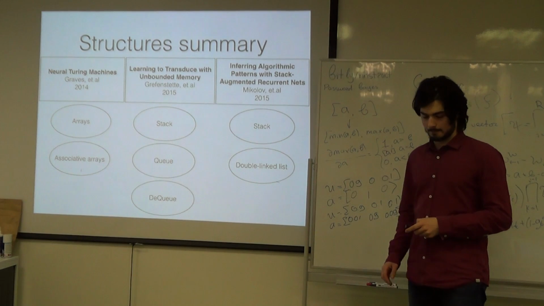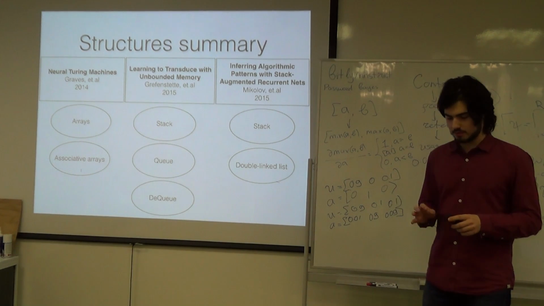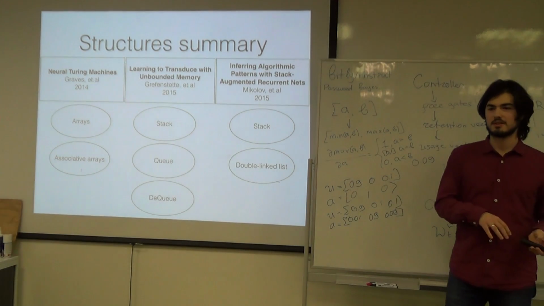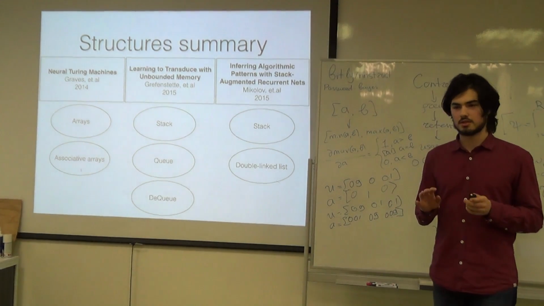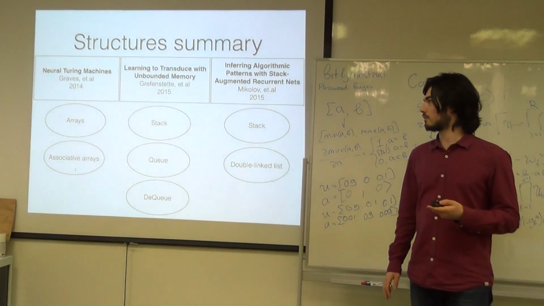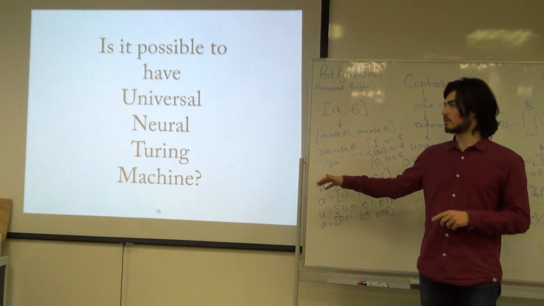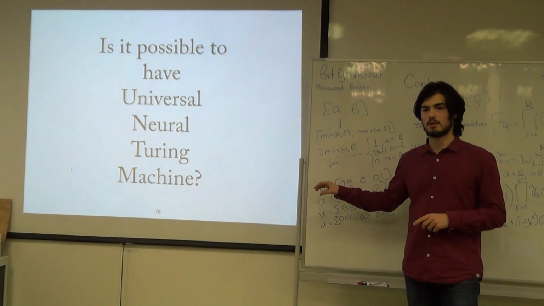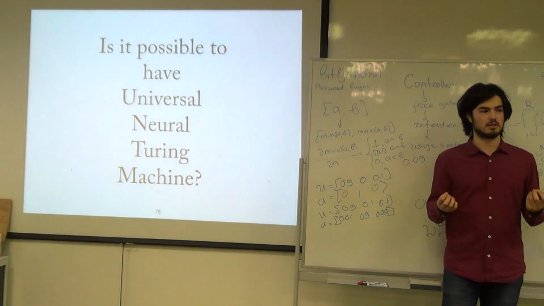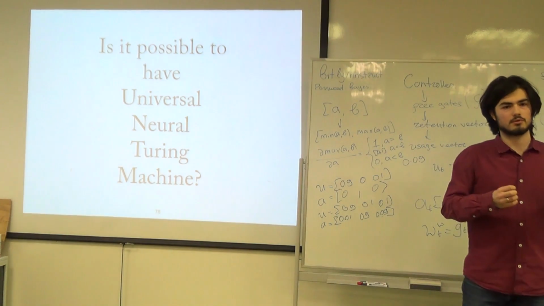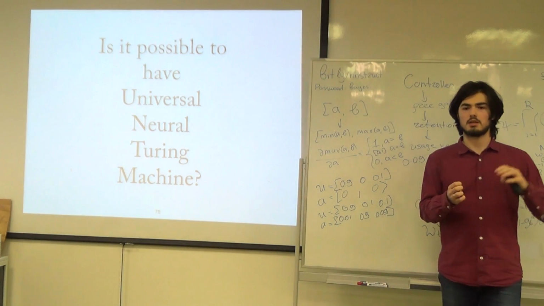So, all right. Now I want to ask you a question that I will not argue about. It is just a thought, which I think is really cool. The question is: is it possible to have a universal neural Turing machine? What is a universal Turing machine? It is the machine that is capable of simulating any other machine.